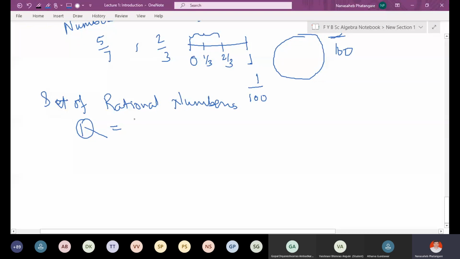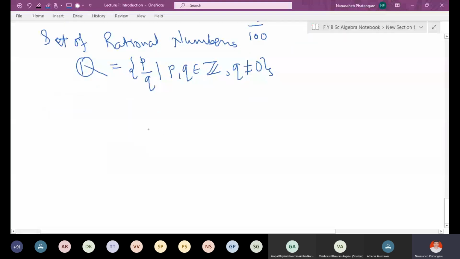And what are the elements of this set? p upon q, where p and q are integers, and as we saw last time, this is the notation for the set of integers, and q is non-zero. If q is zero, then it doesn't make sense. So all such elements are rationals or rational numbers.